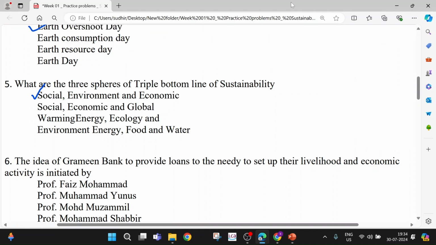Gayatri is saying option B. The idea of Grameen Bank to provide loans to the needy to set up their livelihood and economic activity was initiated by Professor Faiz Ahmad Mohammad, Professor Muhammad Yunus, Professor Muhammad Muzammil, or Professor Muhammad Sabbir. Ria is saying option A.